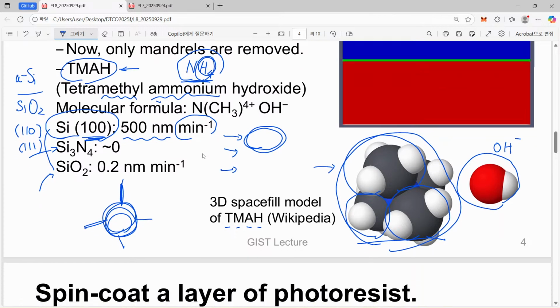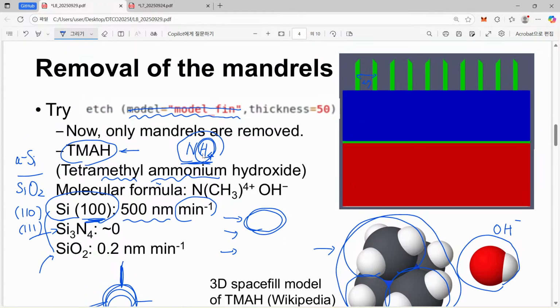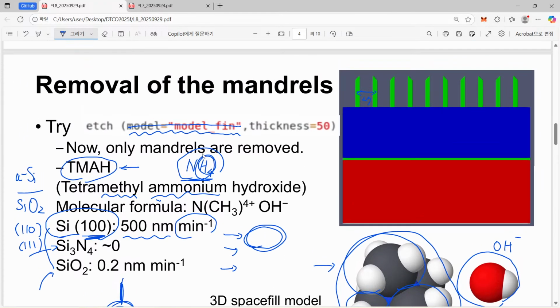Okay, so now it looks perfect, and we finally have a fin pattern which has 27 nanometer pitch. Hooray! But unfortunately, this is just a silicon dioxide layer, and what we have to do is transfer this pattern into our silicon substrate.